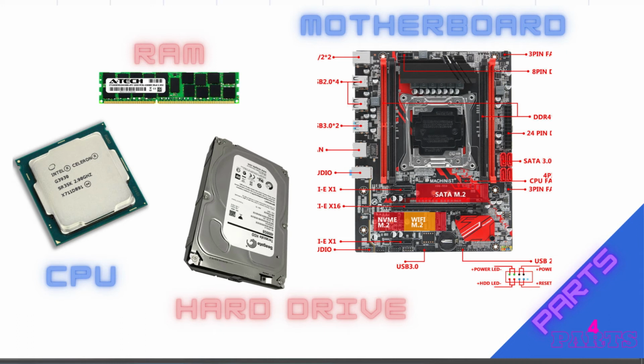All the rest are extensions, other things you put in the computer. But the elements necessary for that machine to function as a computer are the motherboard, CPU, RAM, and the hard drive.